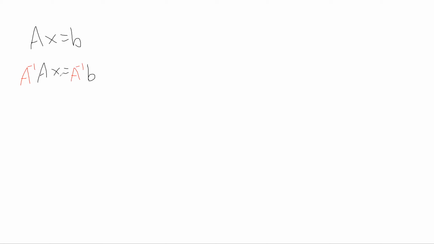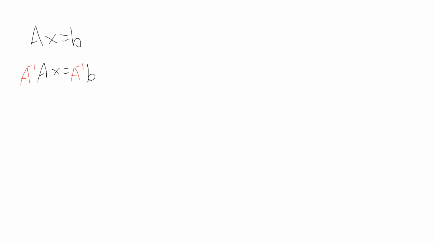Before we move on, here is something subtle that I really want you to be aware of. Notice that when I multiply by the inverse of A, I put the inverse of A on the left-hand side of both sides, on the left of A and on the left of B. This is very important because we talked about earlier that matrix multiplication is not commutative, so the order of matrix multiplication actually matters.